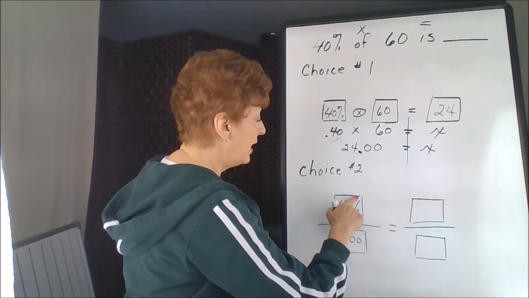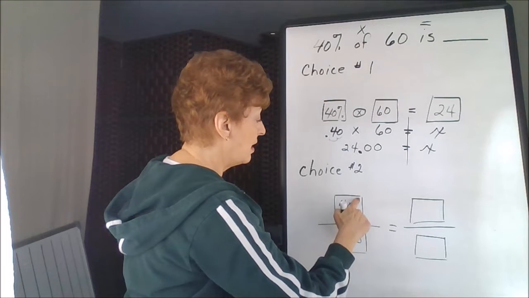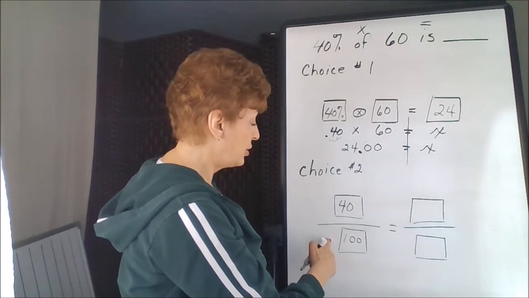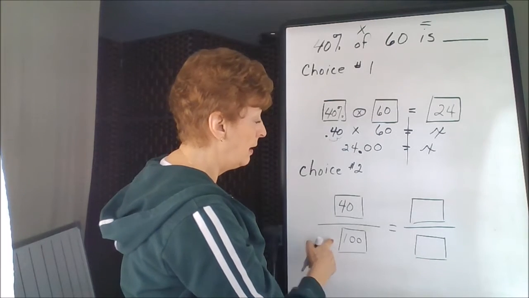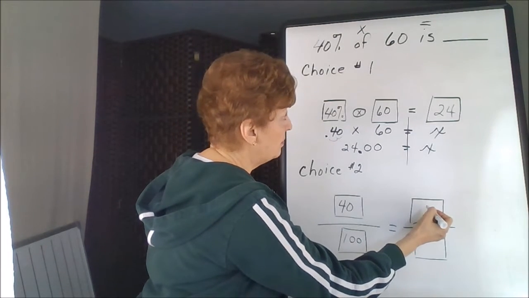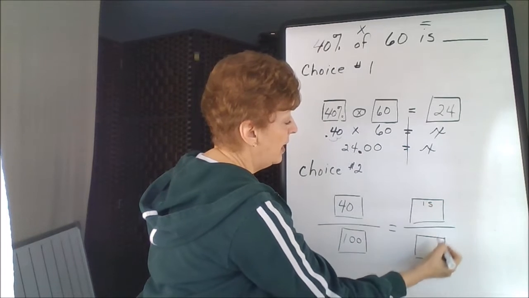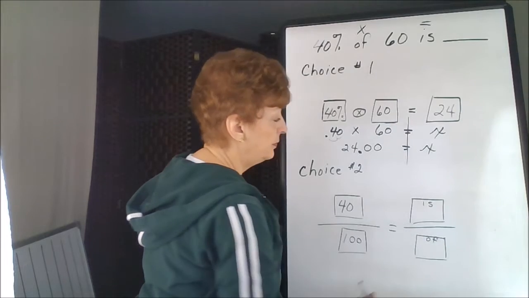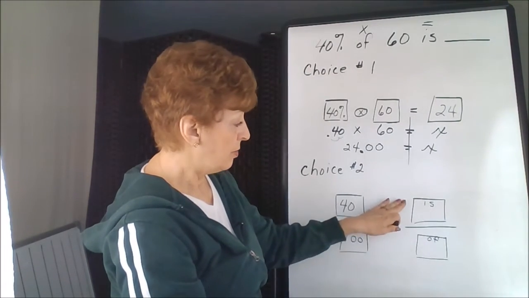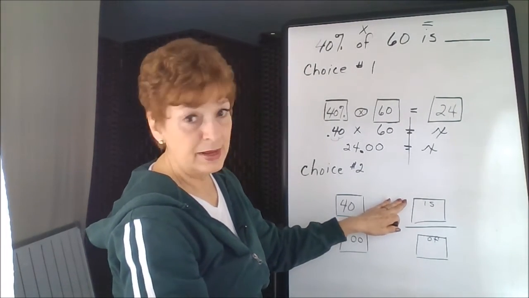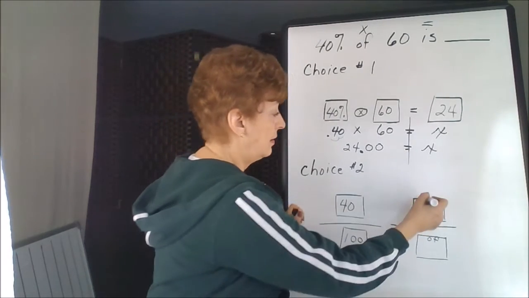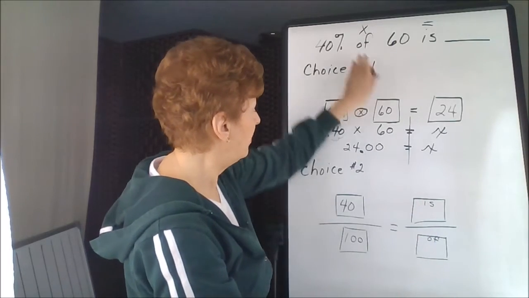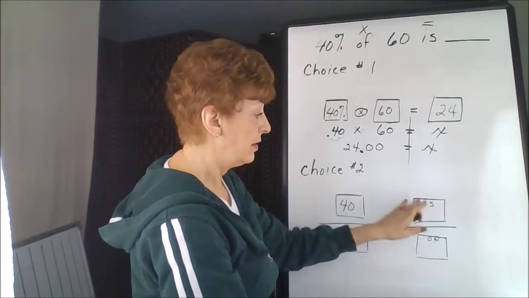We can now take the percent sign away from this number because we've renamed it as a fraction, 40 over 100. In this case, this first box is our is number, and the bottom box is our of number. I remember these because they are basically in alphabetical order. I comes before O in the alphabet.